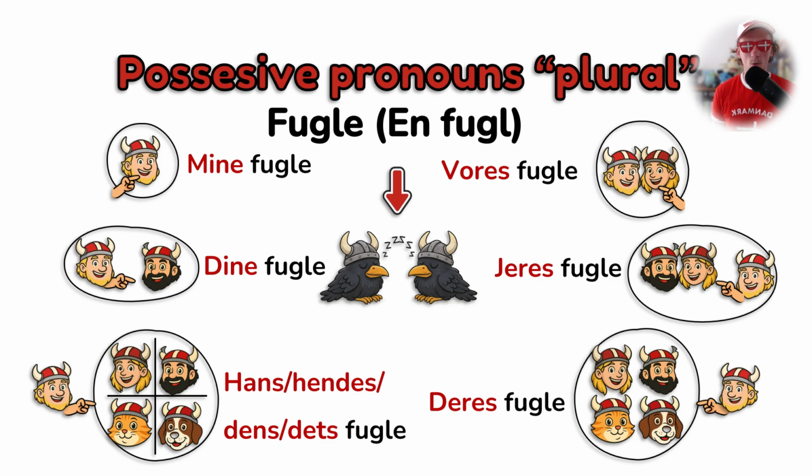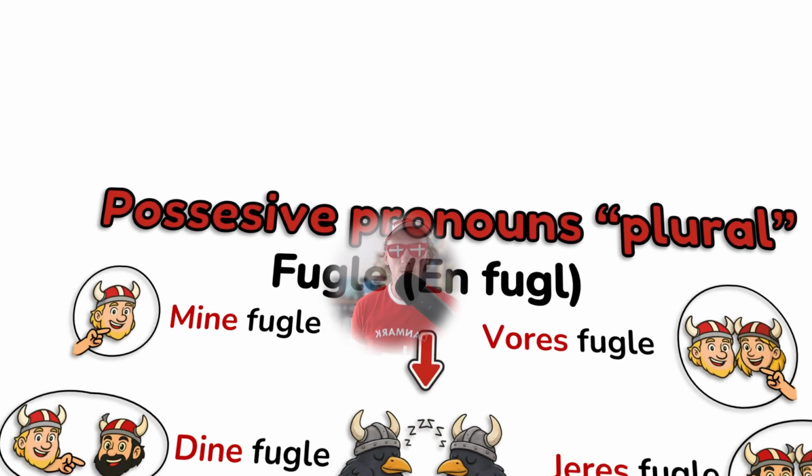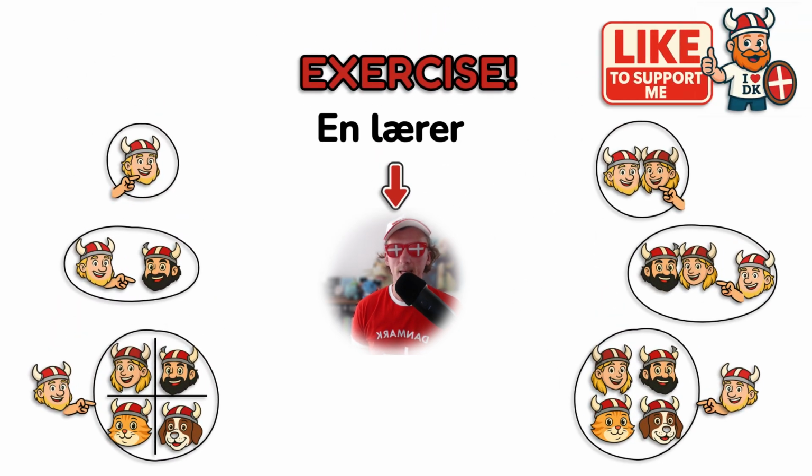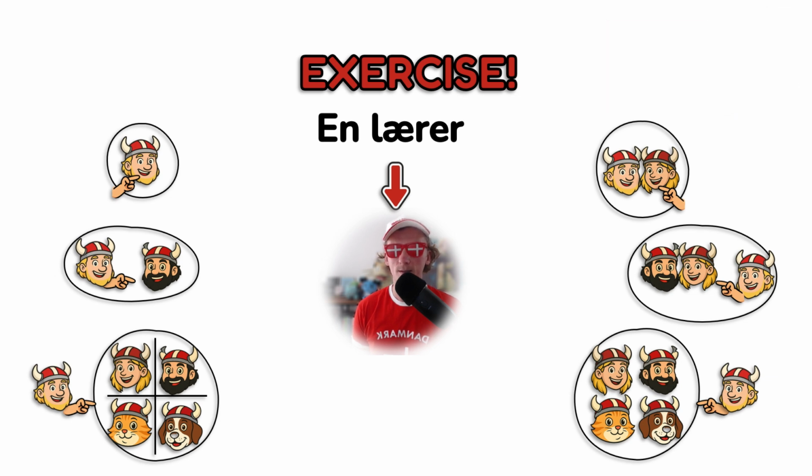Now let's go for some examples here. In the next part, we're going to take a look. En lærer, it means a teacher. En lærer, a teacher. And see here we have all the different cases here in the sides. We have my, your, his, her, its, our, your, their. Now, for this exercise, I want you to take a look at them.